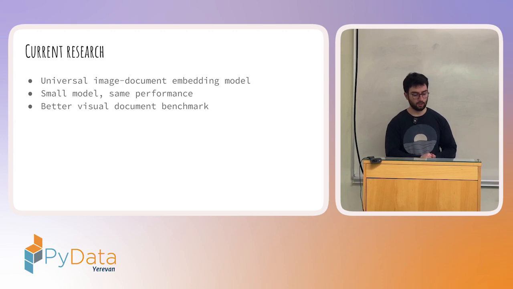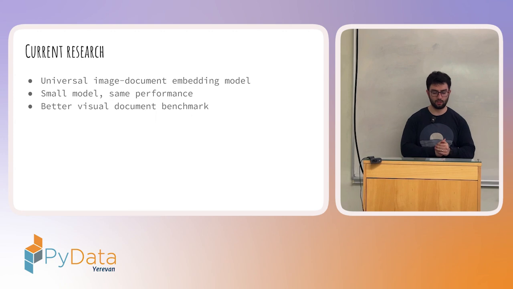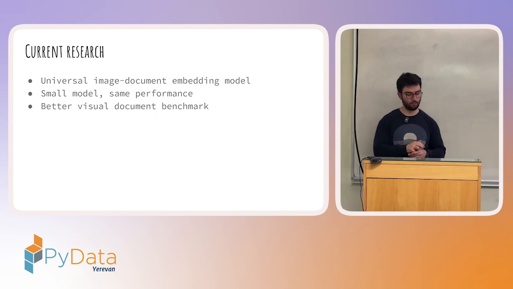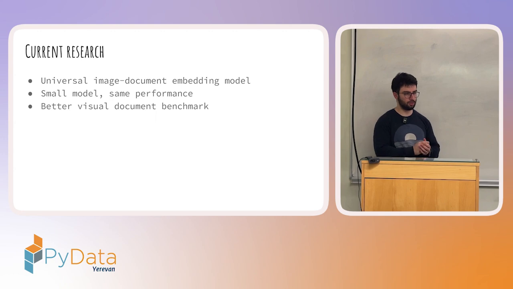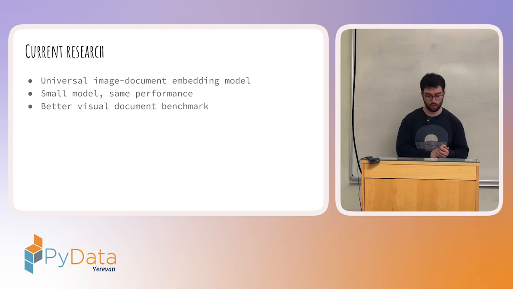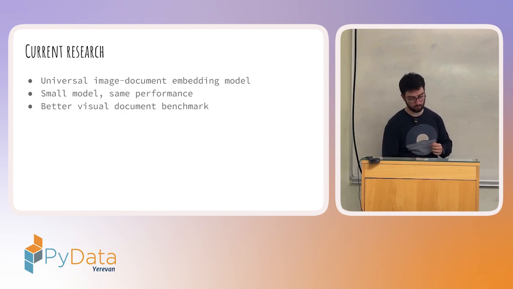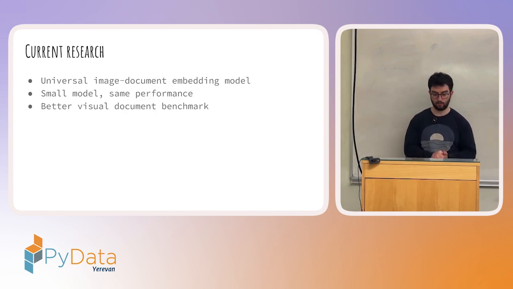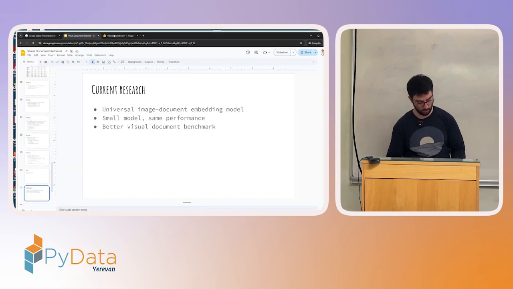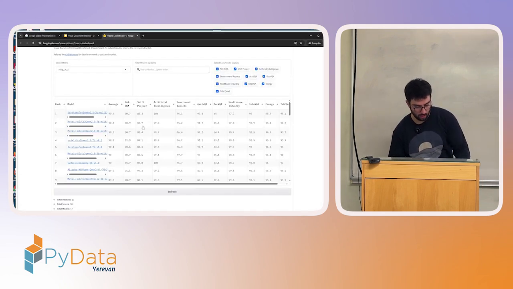The second part is that we try to have different sizes of models, but we can agree that for an embedding model, we don't need these big 2-3 billion models. So the idea is to have a small model with the same performance. And the third thing is you may notice that these numbers are quite high.